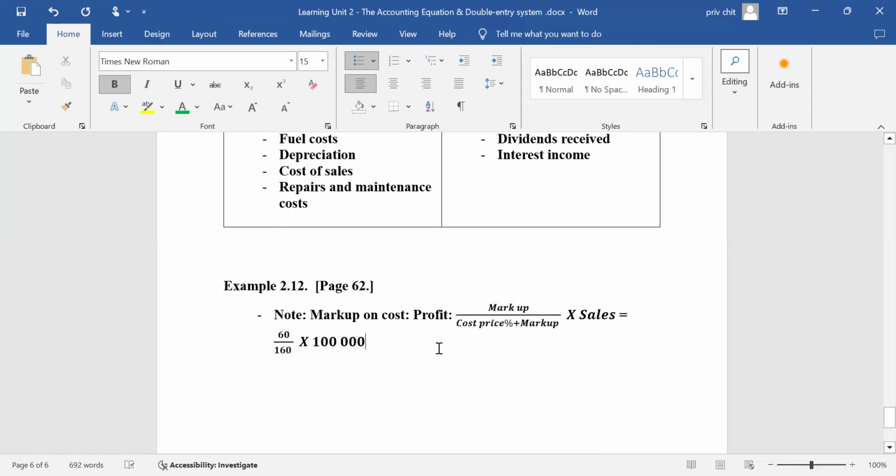Therefore, what will be our profit here if you do the calculations? If you do the math, how much are you getting? It says 37.5. How much? 37.5. Wait, sorry, sir.